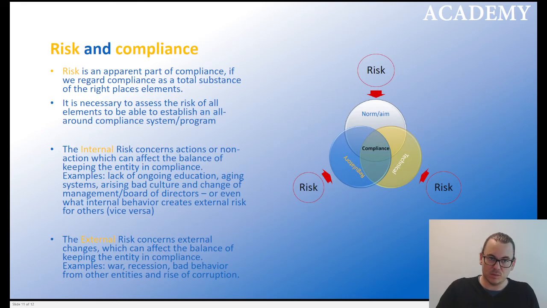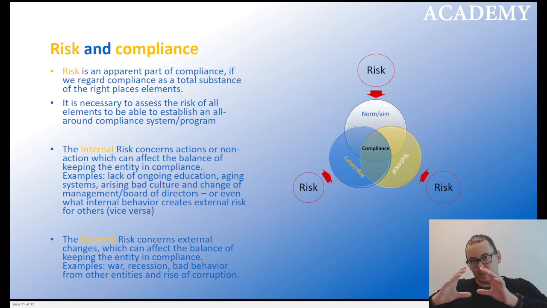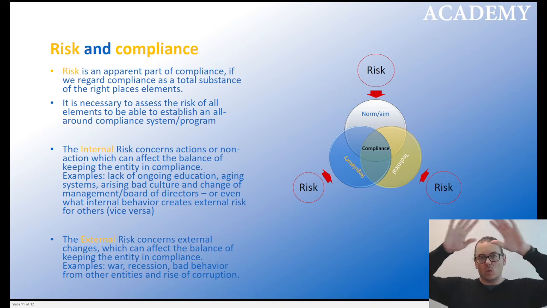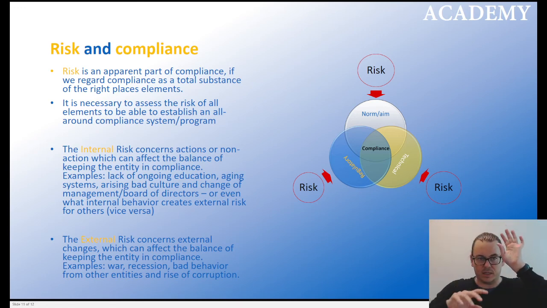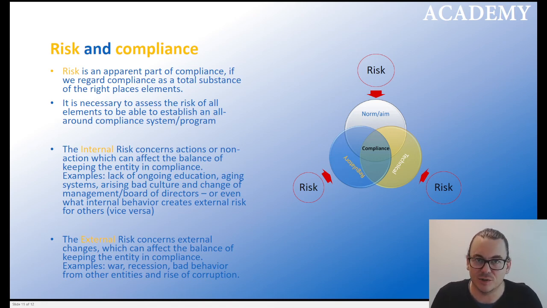Last but not least, we need to talk about risk. So I've made this standard model, and of course, all around this standard model there will be risk factors trying to get in and out. And again, in contrast to the reactive compliance regime, we need to address the internal risk.